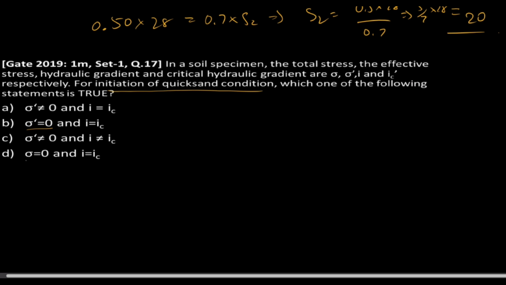In both options they have given that the effective stress of soil is equal to 0, and the critical gradient will be equal to the hydraulic gradient. So actually, if you see the last option, they have written it as a wrong option, I not equal to IC actually. So from this we can say that option B is the right answer.